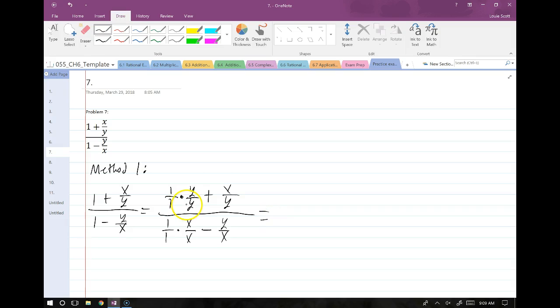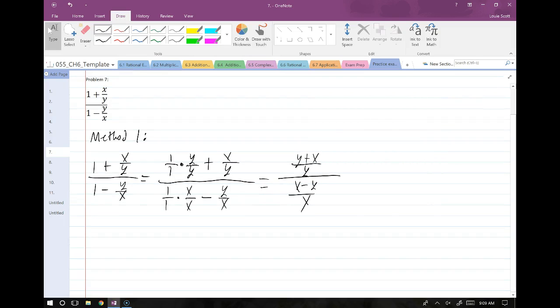All right, now I'm going to go ahead and just combine these fractions. I have y plus x over y, and then I have x minus y over x. All right, and so now we're in that last step where things are easy, and all we need to do is flip this lower rational expression and multiply by the upper one. So let's go ahead and do that.